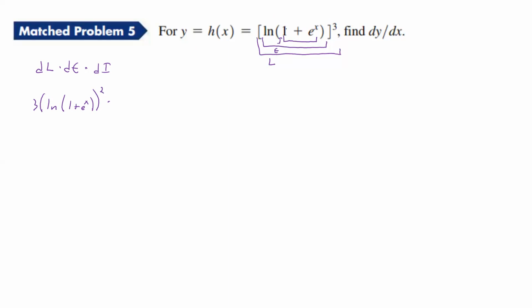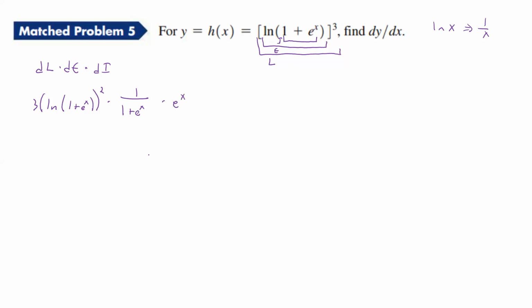Remember, you're thinking of this as just ln of x, so the derivative is 1 over x. So that's going to be times 1 over 1 plus e to the x. And now I'm going to take that times the derivative of 1 plus e to the x. Well, the derivative of 1 is 0, and the derivative of e to the x is just e to the x.